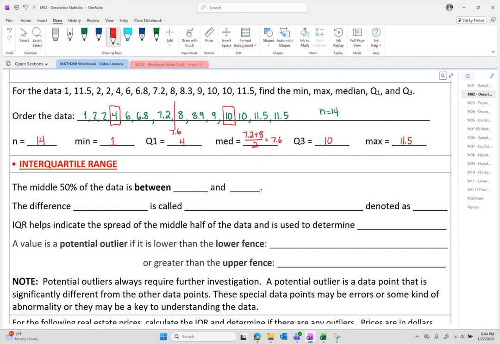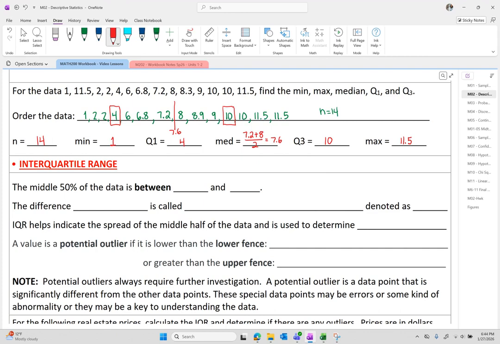So the minimum is 1, the first quartile is 4, the median is 7.6, the third quartile is 10, and the maximum is 11.5. Reminder again, 4 as a first quartile means that 25% of the data are less than or equal to 4, and 75% will be greater than or equal to 4.